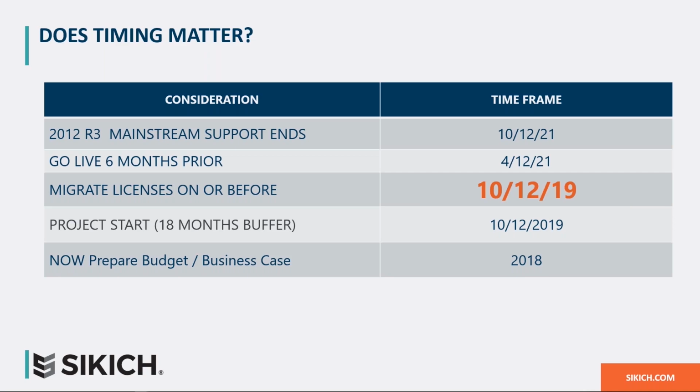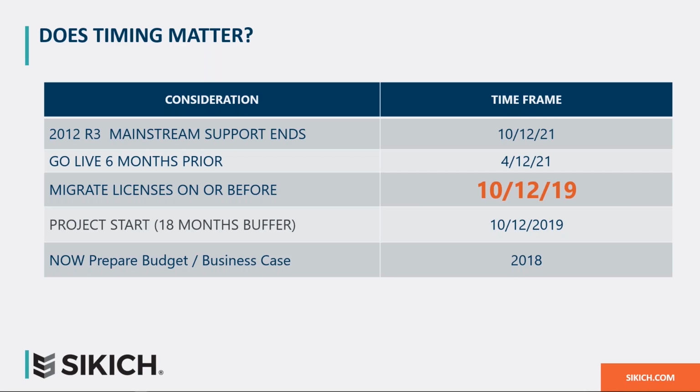That 40% will be available for people who are on an EA as well as a CSP, and I'm going to talk about licensing mechanisms in a minute.